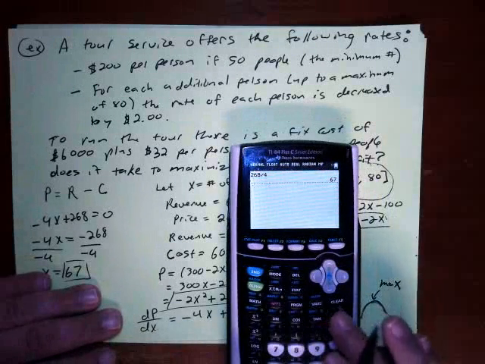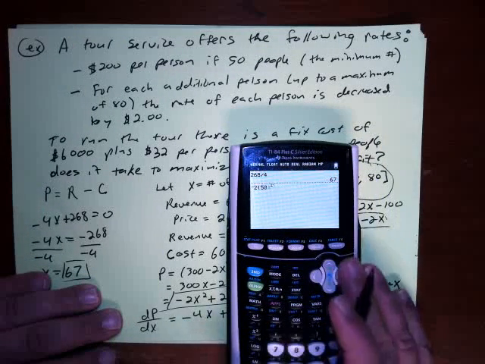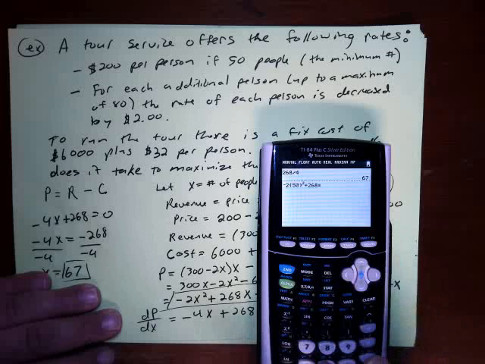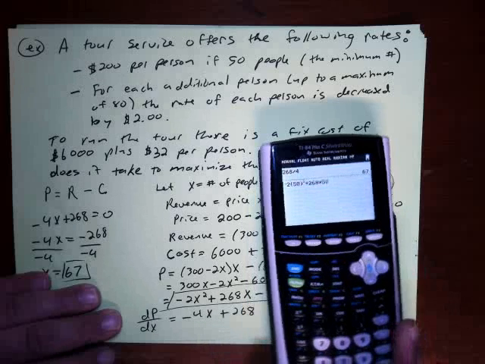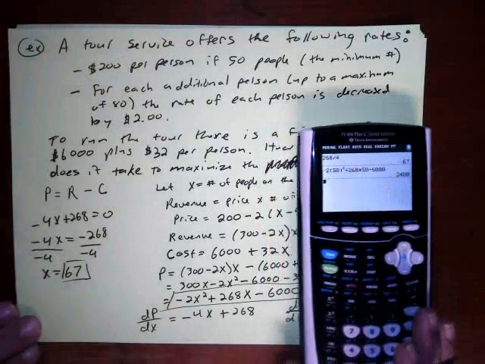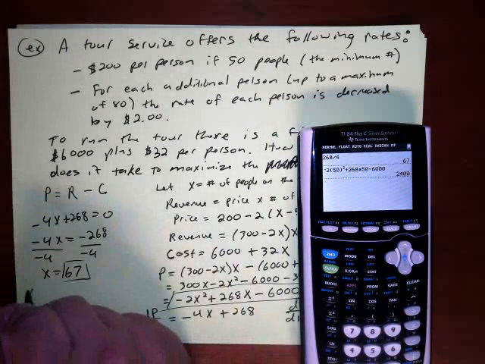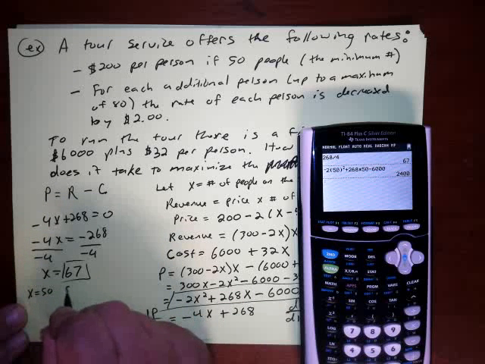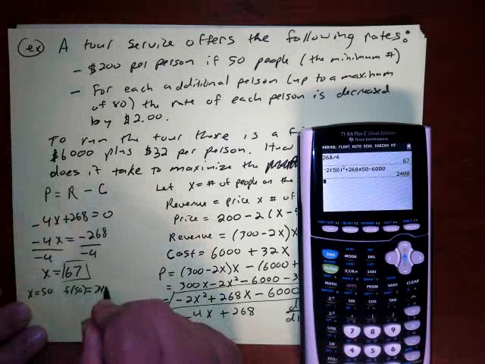Negative 2 times x squared plus 268 times 50 minus 6,000. So we'll say x equals 50, and then f of 50 is 2,400.